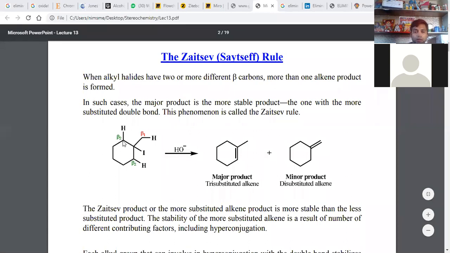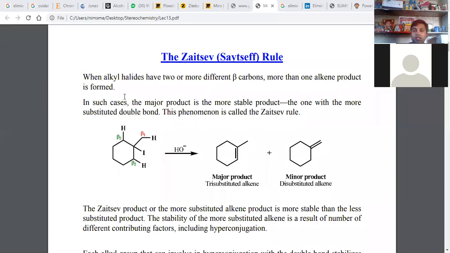Beta 2 and beta 2 are the same. So with two or more beta carbons, more than one alkene product is formed.